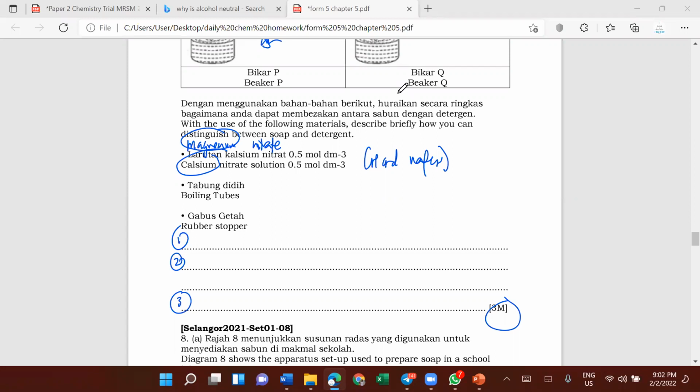So you have the solution in beaker P and the solution in beaker Q, but they gave you boiling tubes. What must you do? Should I give you the first step?